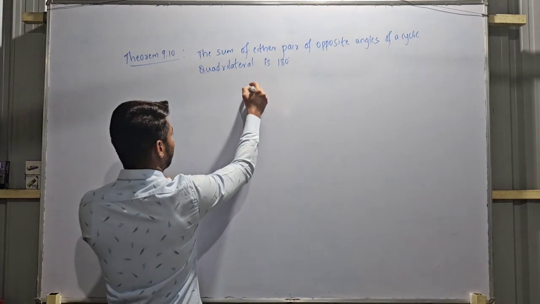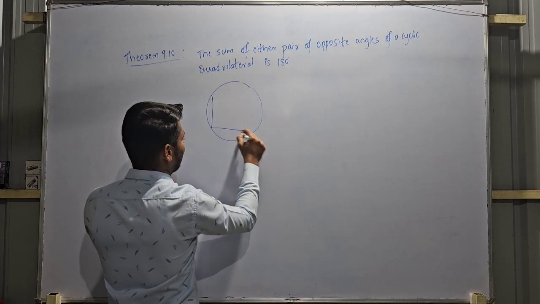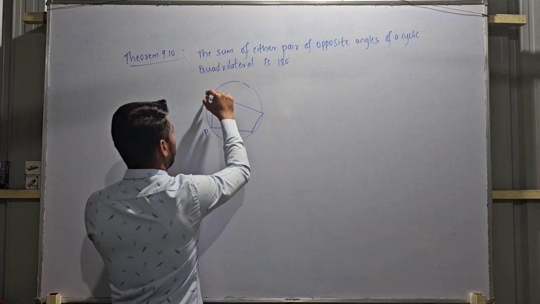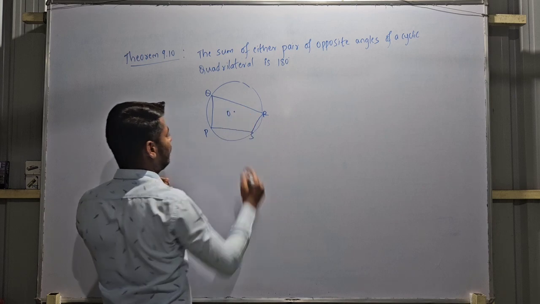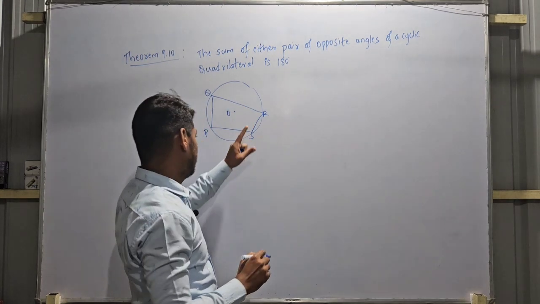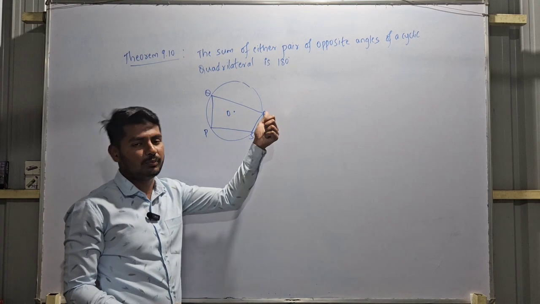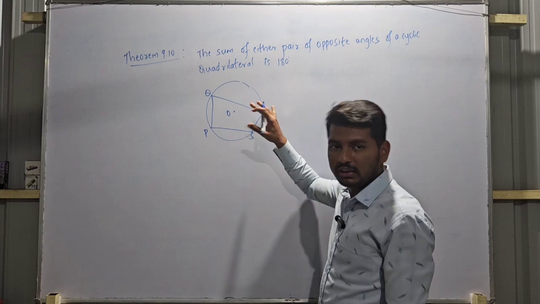That means if there is a quadrilateral like this, PQRS, and this is the center of the circle, then as I already told you, a cyclic quadrilateral means all four vertices must be on the circle. Here they are on the circle.